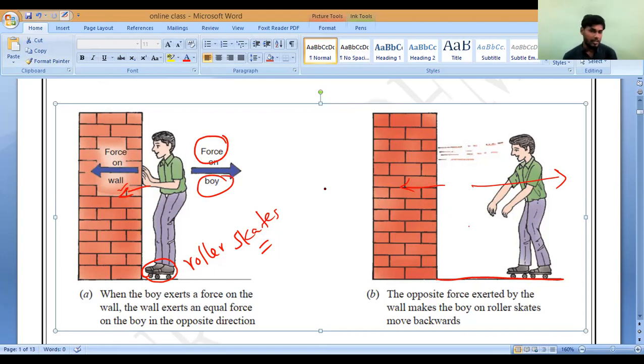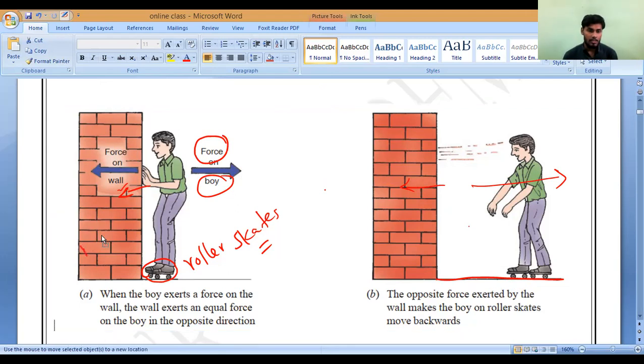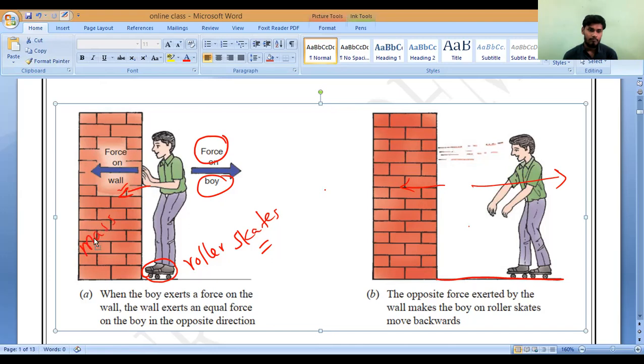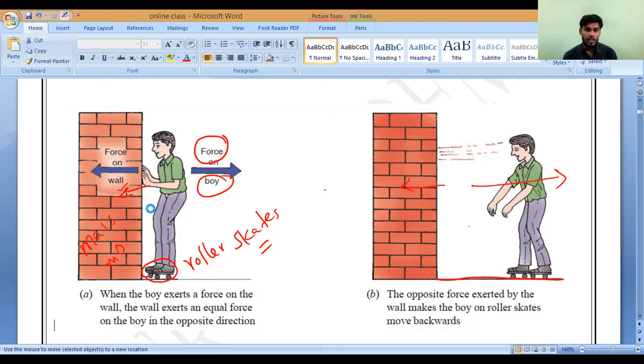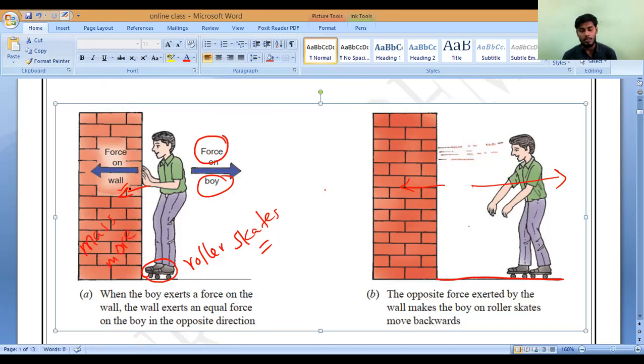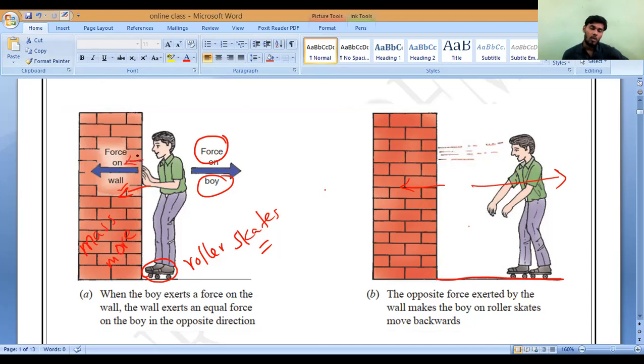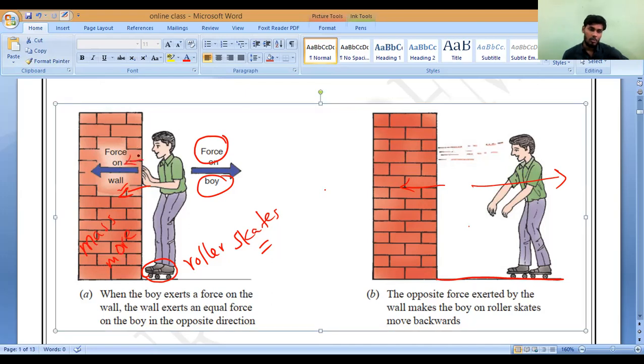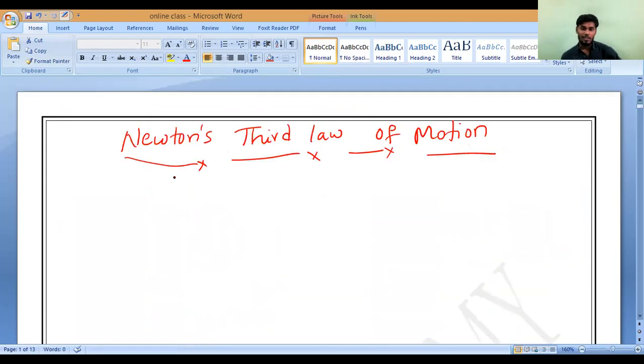Why? Because the wall is a constant object and it has more mass. But the mass of the boy is comparatively less, so even though he is exerting the same force on the wall, the wall is not displacing, but the boy is displacing. That is what we call Newton's third law of motion.